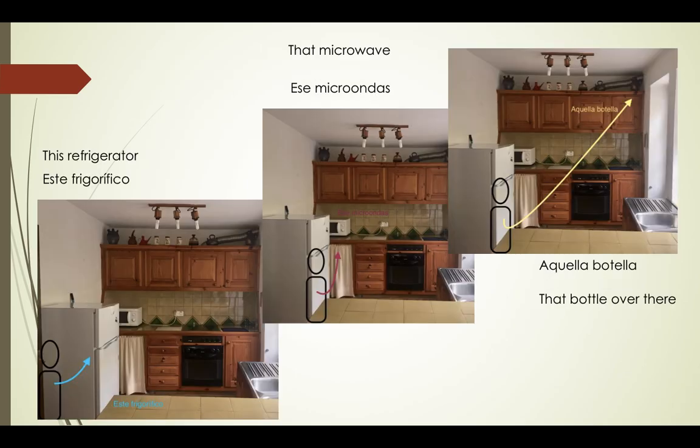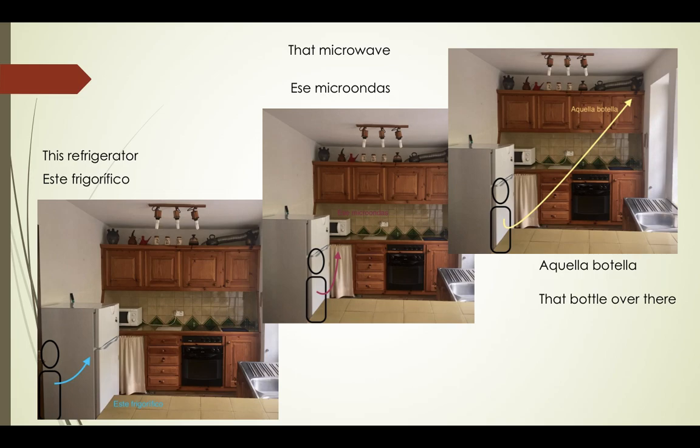So, with pictures, as you can see here, we'll see first this refrigerator when the refrigerator is right next to the speaker. You can practically touch it. Este frigorífico. When the object that we are talking about is a little bit farther away, you'd say ese microondas.